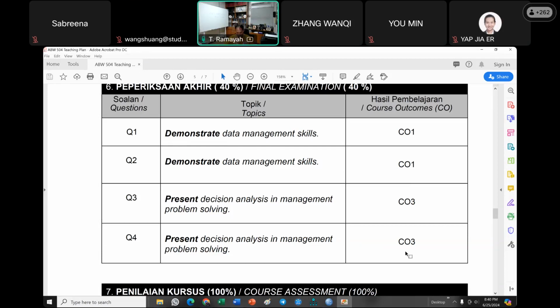Chapter number 12, the two sample test is covered, but the ANOVA is not covered in the final exam.